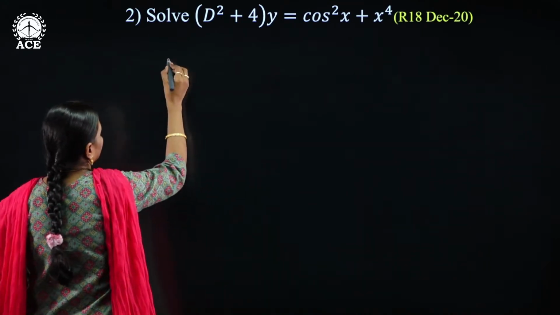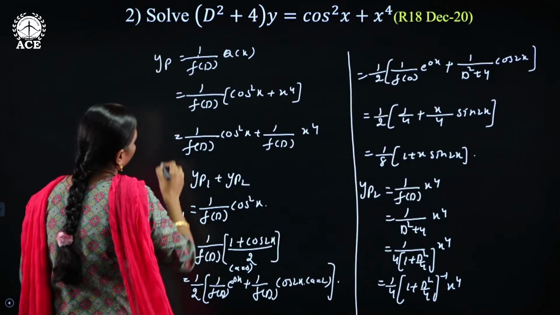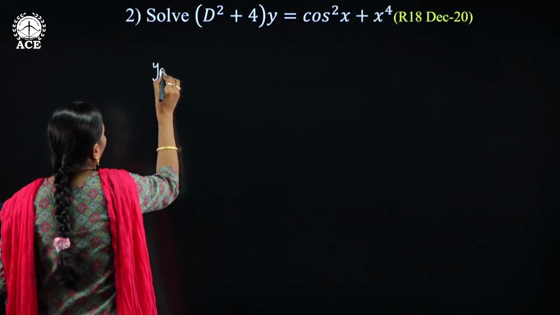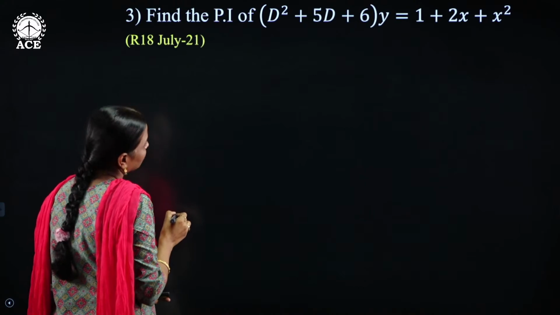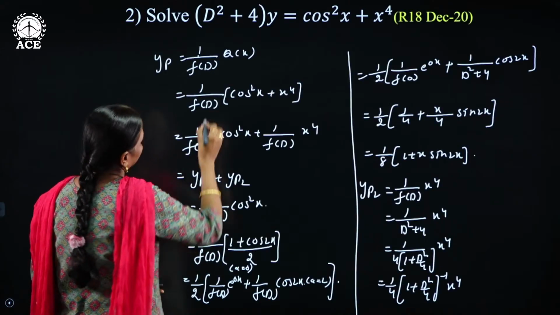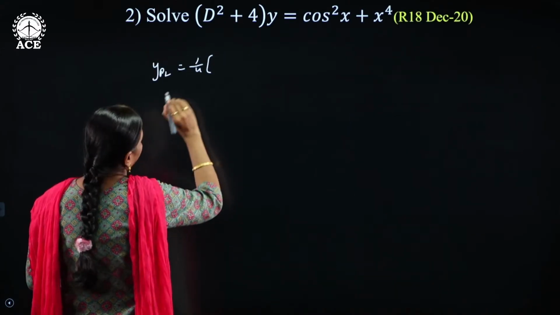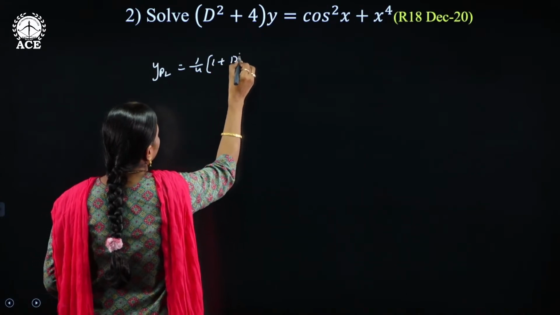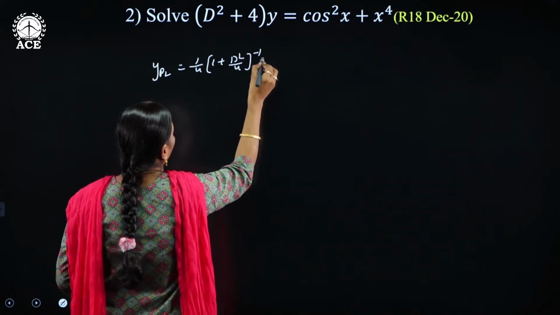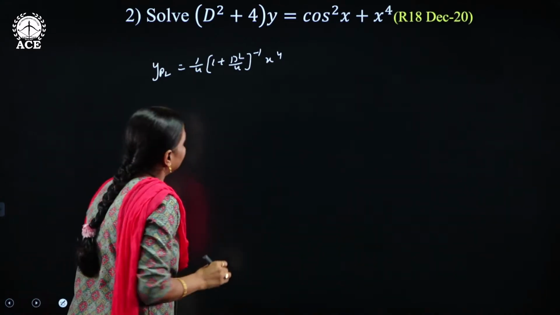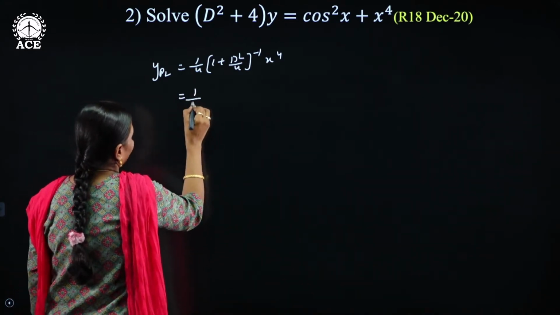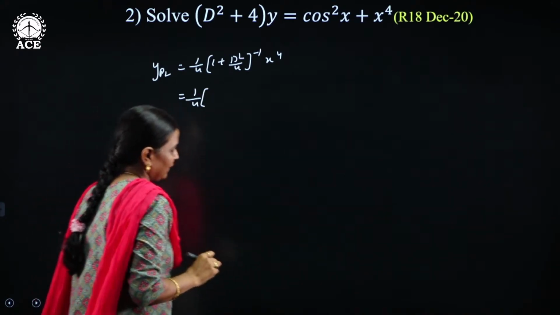So yp2 is equal to 1 by 4 into 1 plus D square by 4 whole inverse into x power 4. Expand it, which is equal to 1 by 4 into, again apply the same formula.